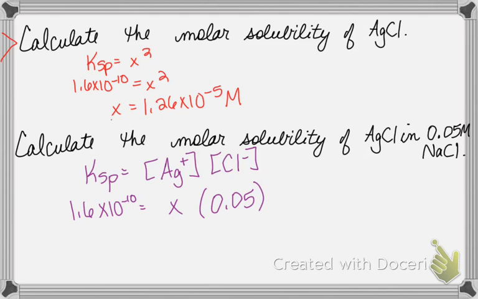The sodium's a spectator ion. So the solubility in sodium chloride should be smaller, and indeed it is. It's 3.2 times 10 to the minus 9 molar. Not as much dissolves when there's a common ion there. We decrease the solubility.